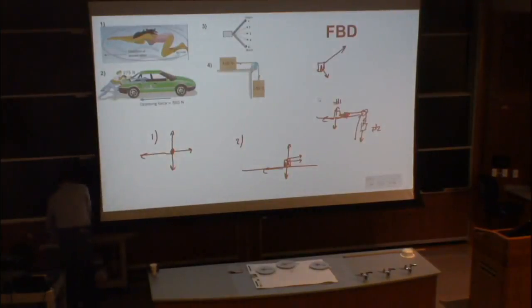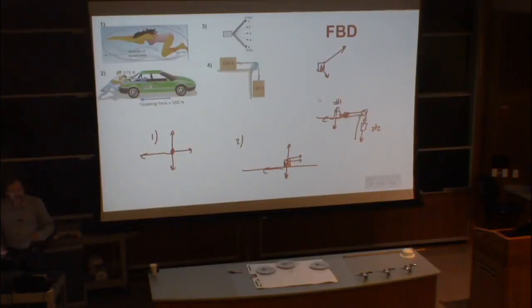Now, these diagrams are bad. They're not wrong. Bad. What do you think? Yeah, they have no labels. So the force of gravity we usually write as force of gravity or mg because we know it.